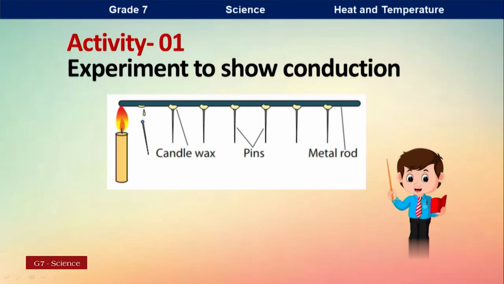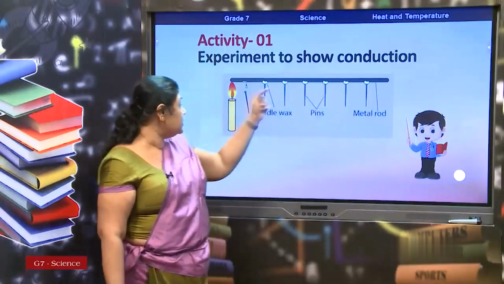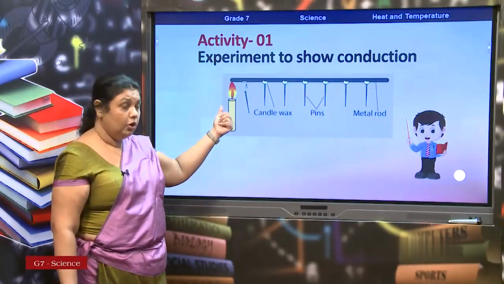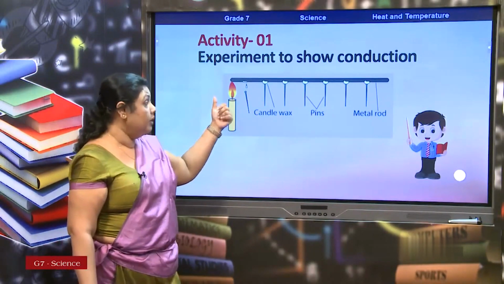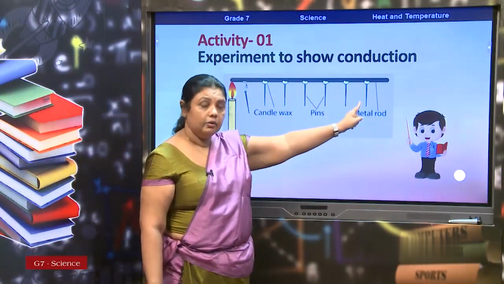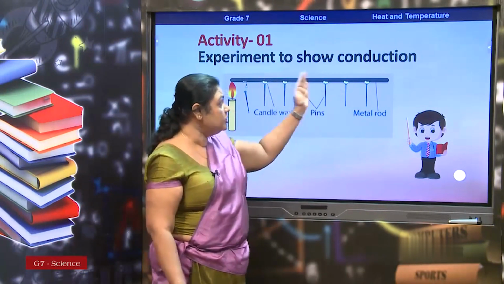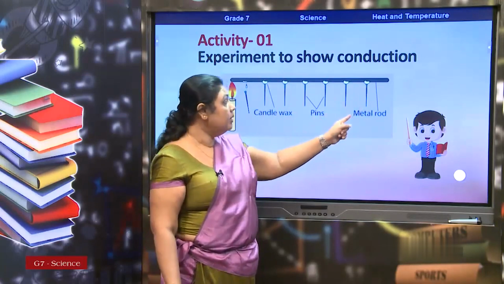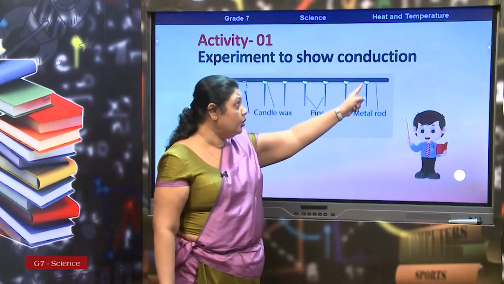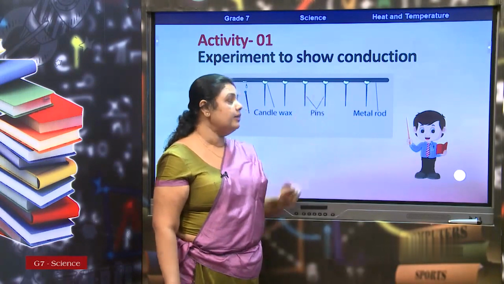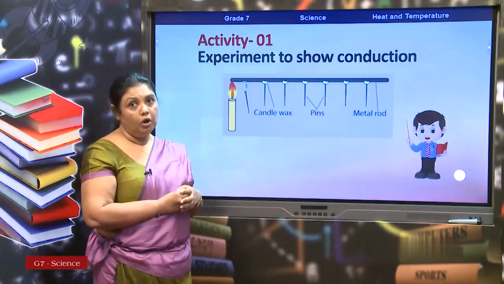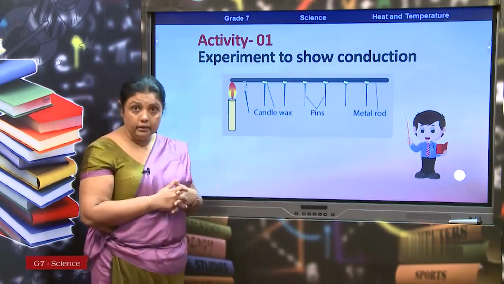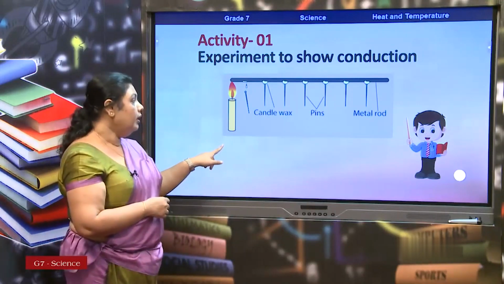So, you can understand if you have many, the last pin will drop last. Last pin in the sense which is away from the candle flame or the spirit lamp flame. So, why is that? Because heat reaches the last end at last, and only then you can see that pin dropping down. So, I am sure that it is very clear to you all.